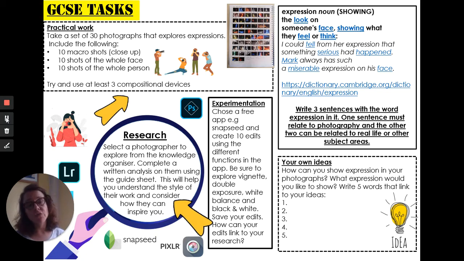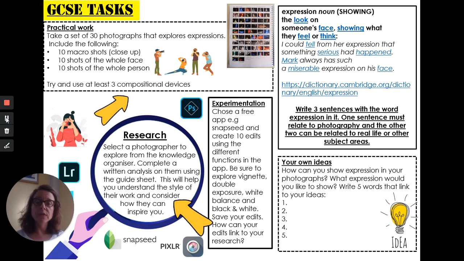I do want you to remember that Year 10 is about you developing your confidence even more, really becoming independent learners. And that's important in our subject because you have to be able to make creative decisions. You can say to me, oh, I don't like that, but I really like this, but I want you to explain to me why. And what I'm looking for in Year 10 is that the visual quality of your photographs is higher than Year 9.